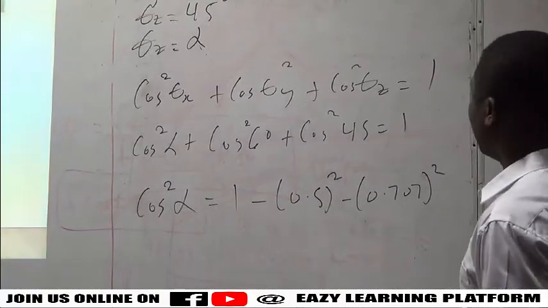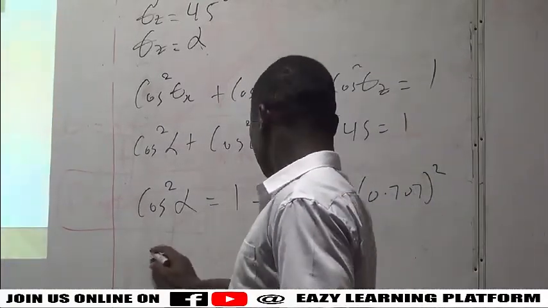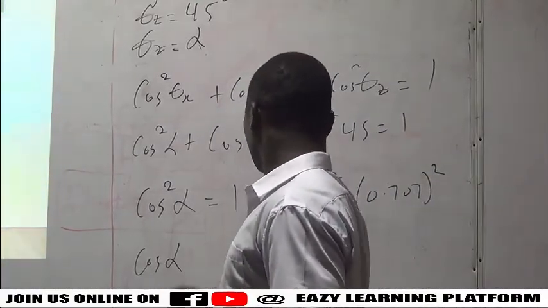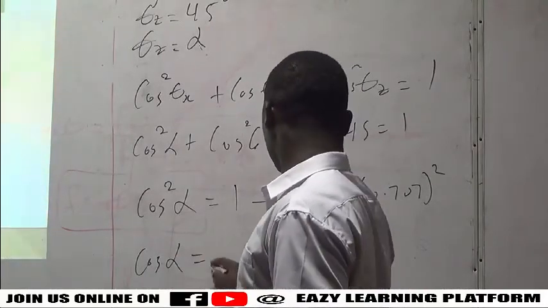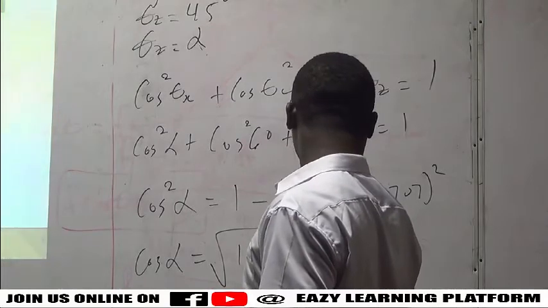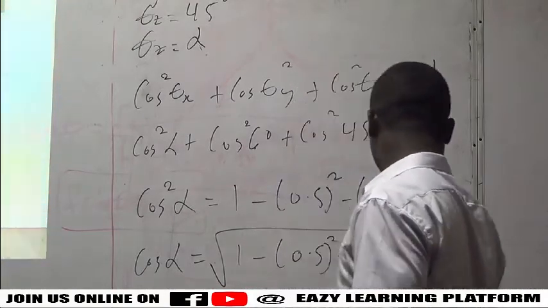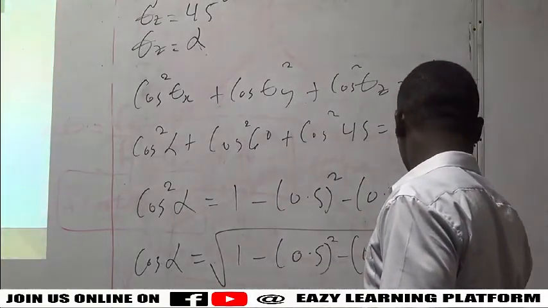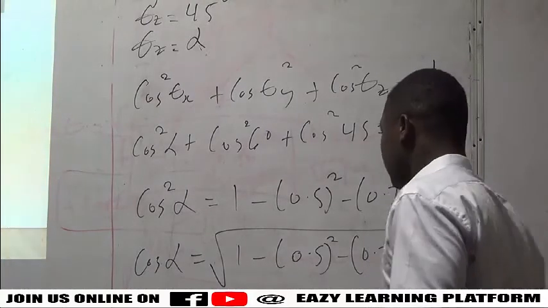So we take the square root of both sides. So we have cos alpha is equal to the square root of 1 minus 0.5 squared minus 0.707 squared.